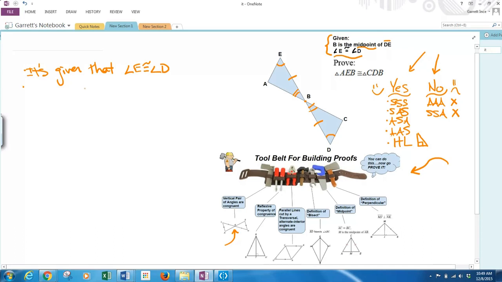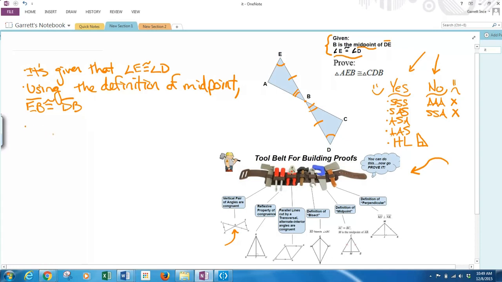We use the actual definition of the word midpoint in order to make the conclusion about the sides. So let's make sure that we stress the definition of that. So using the definition of midpoint, then you want to make sure that you clarify what that definition did for you, which for us, it said that side EB is congruent to side DB.